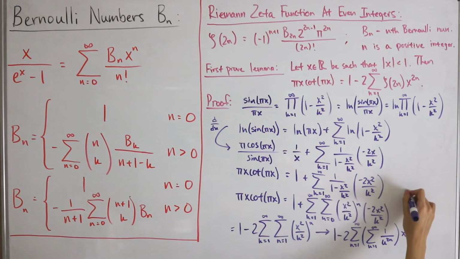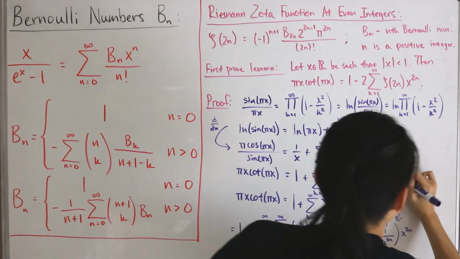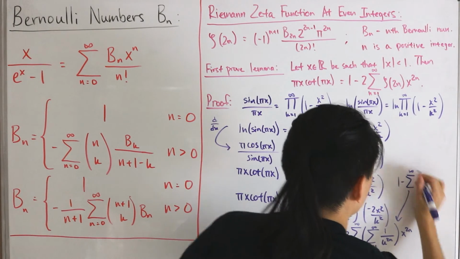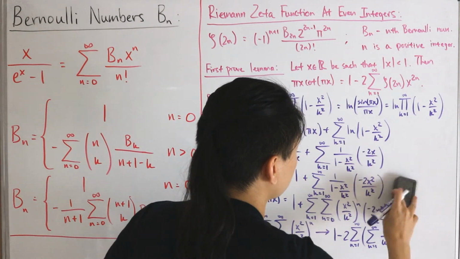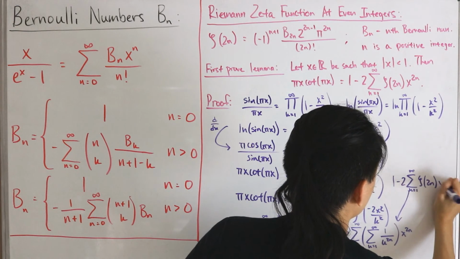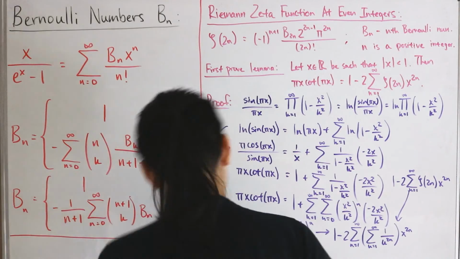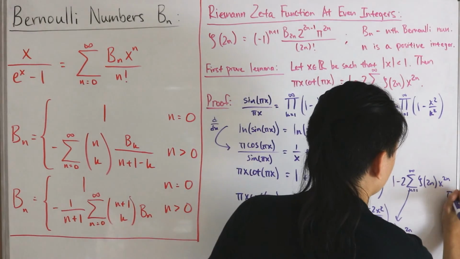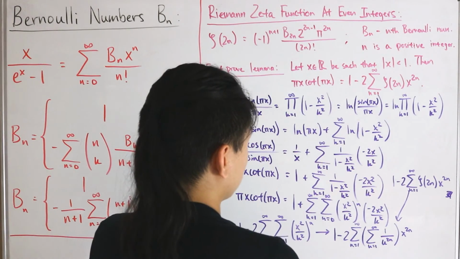And so what that will yield us is exactly the given formula above. So 1 subtract 2 times the infinite sum, n is equal to 1 of the Riemann zeta of 2n, multiplied with x to the power 2n. So therefore, that completes the proof of our lemma.